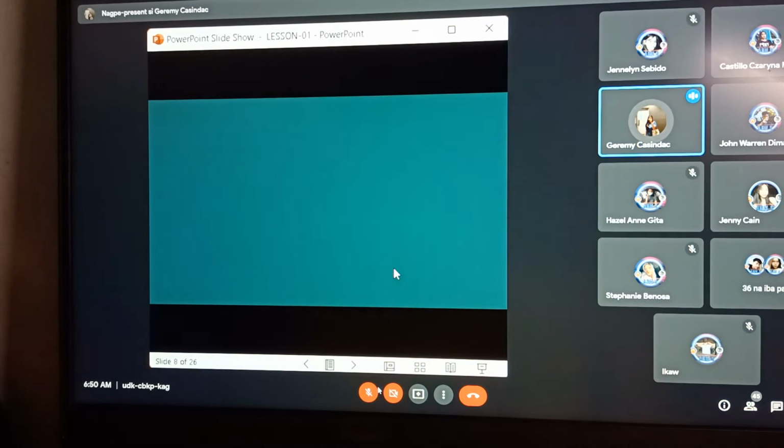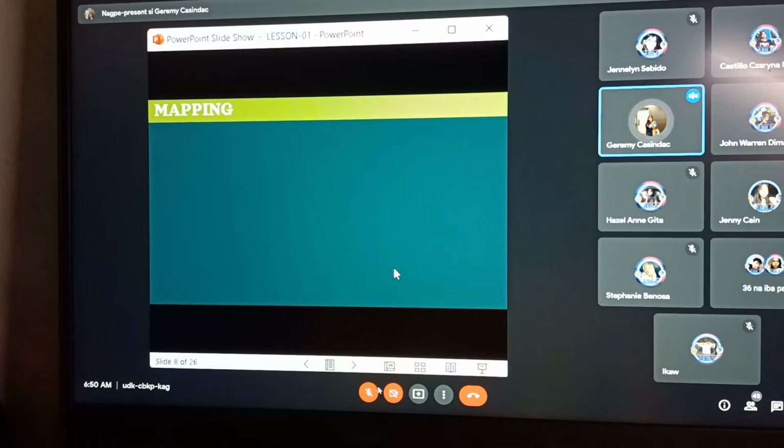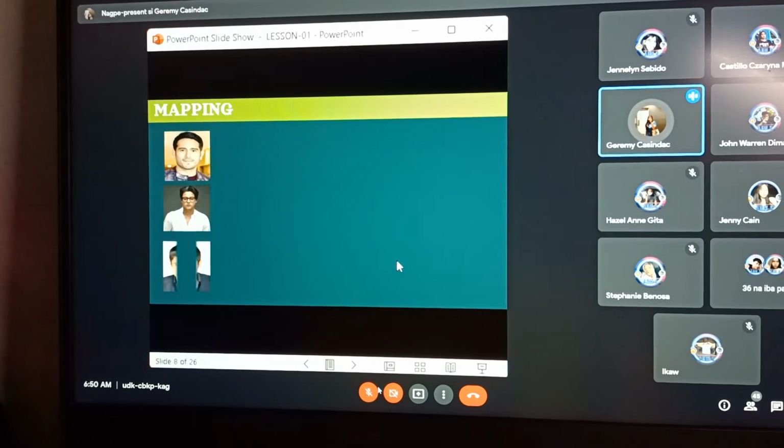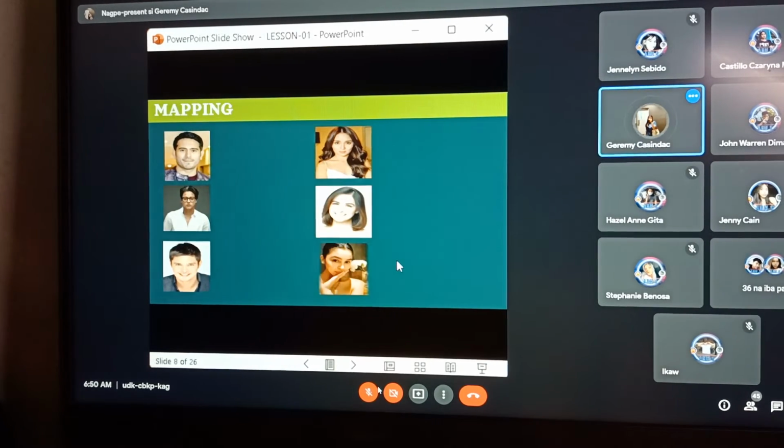Okay? Next. Another example. Okay, so we have here the faces of artists. First, you are going to match our male artist to the respective female artist or pair.